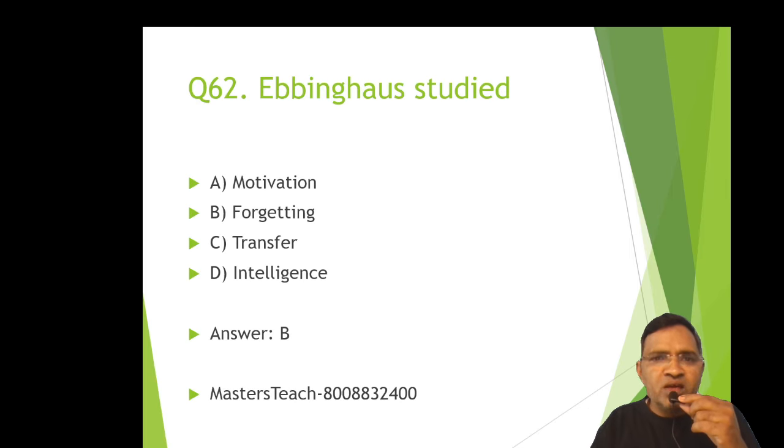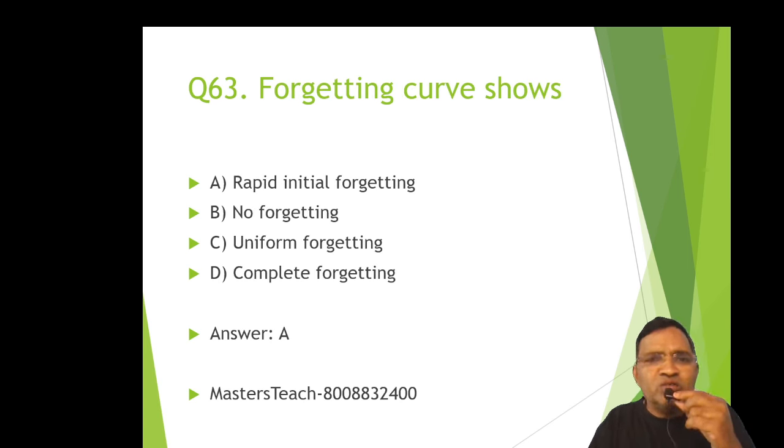Answer B. Ebbinghaus has studied A. Motivation, B. Forgetting, C. Transfer, D. Intelligence. Ebbinghaus has studied forgetting, B. Forgetting curve shows A. rapid initial forgetting, B. no forgetting, C. uniform forgetting, D. complete forgetting.